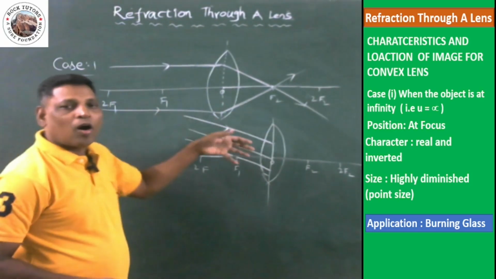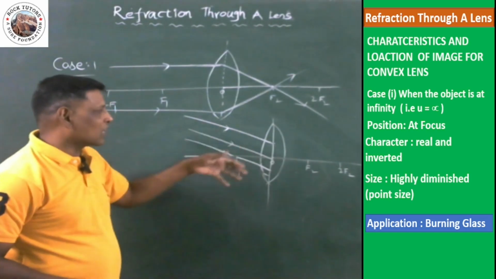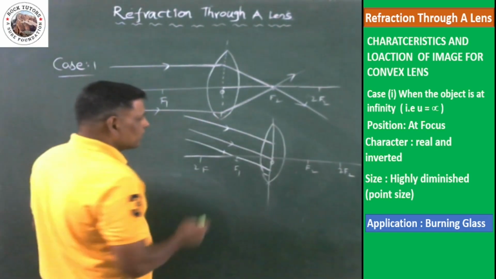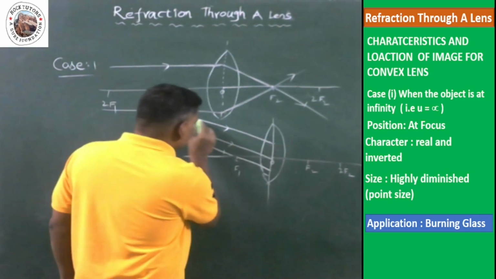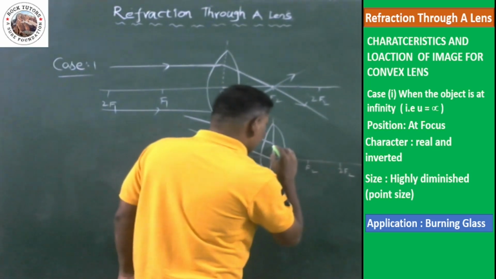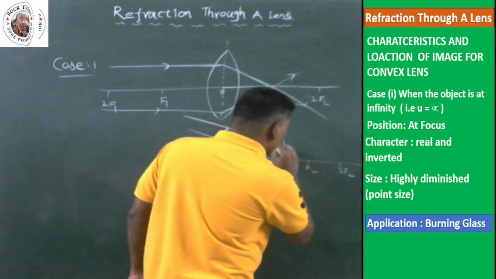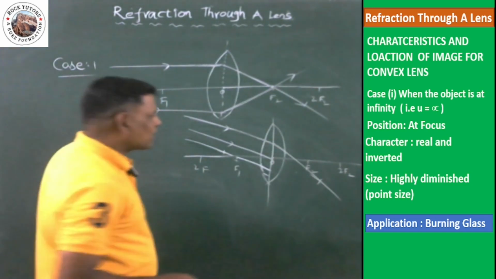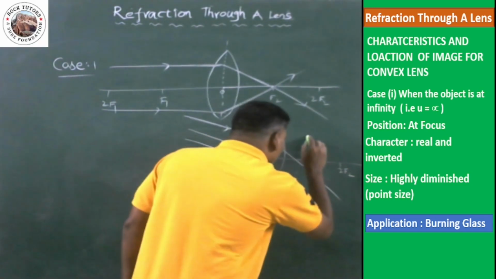These are called oblique rays. Now obliquely they are falling on the convex lens. After refraction, you know this ray converges and passes like this. For this, I'll draw a focal plane.